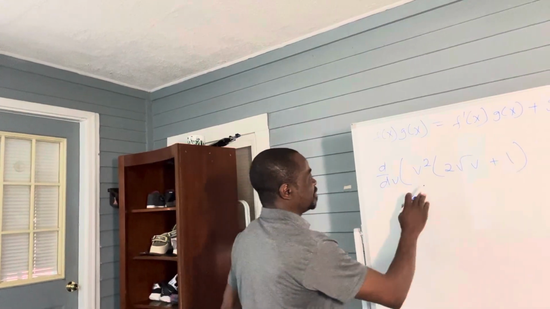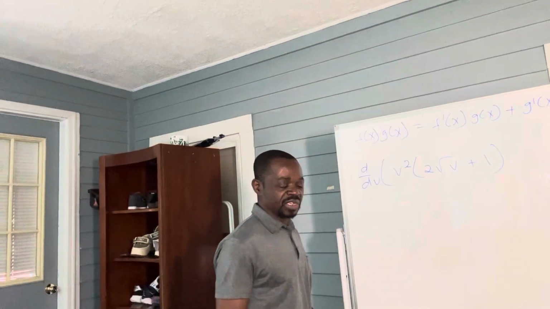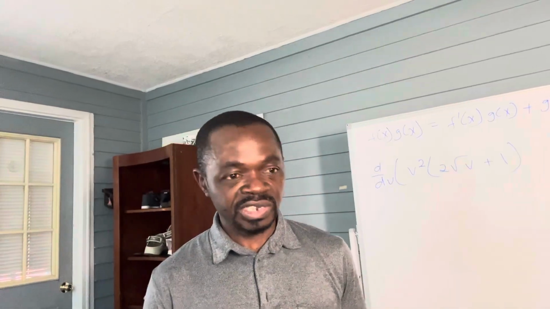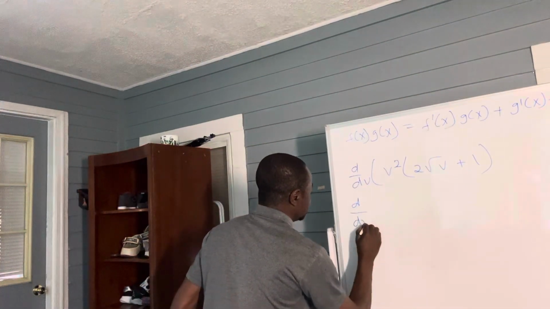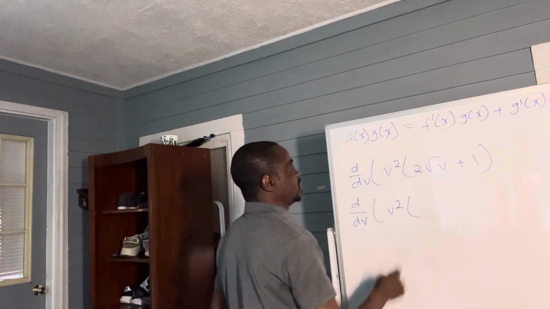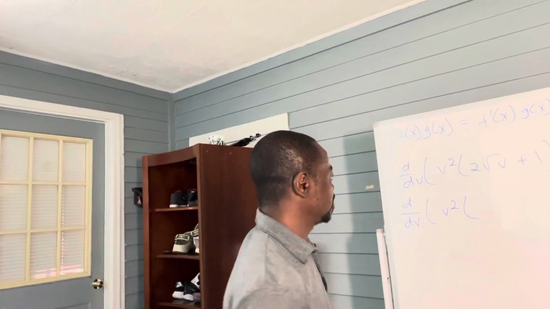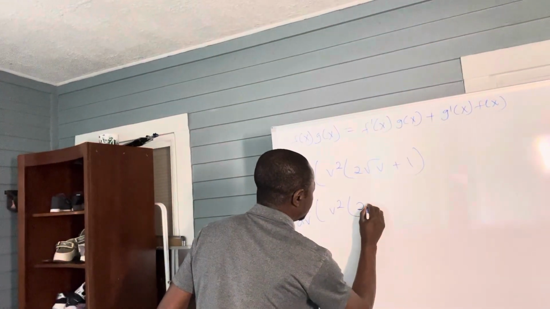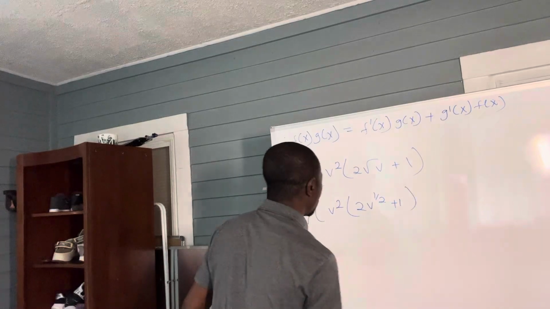Before that, you can rewrite square root of v to make it a power, so that it will be easier to deal with. So let me rewrite it: d/dv of the brackets, v squared. The square root of v is the same thing as v raised to the power half. So I write that 2v raised to the power half, then plus 1.